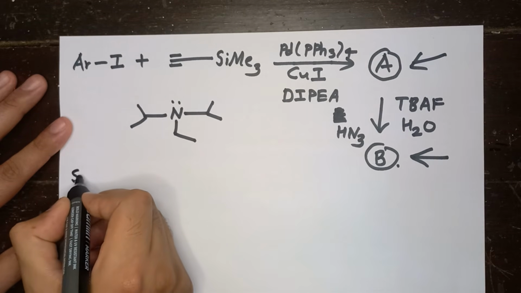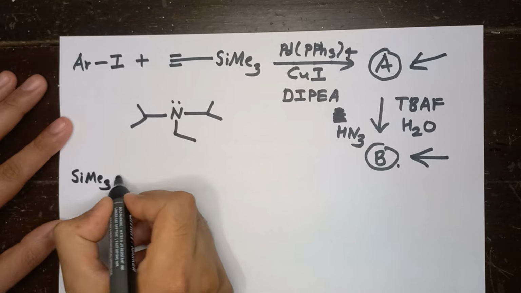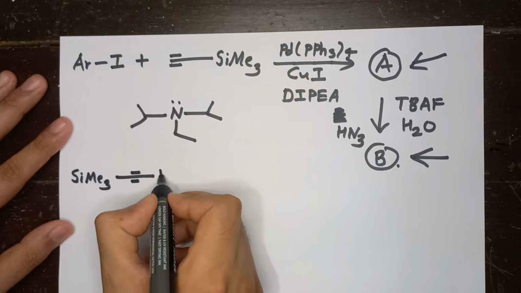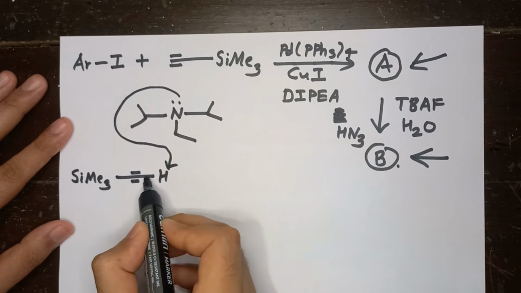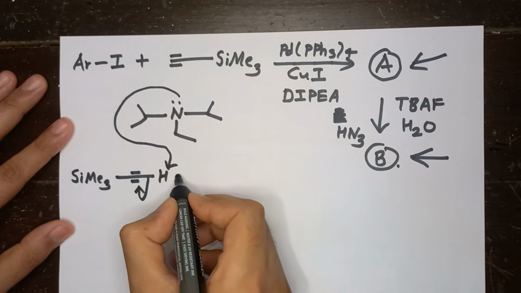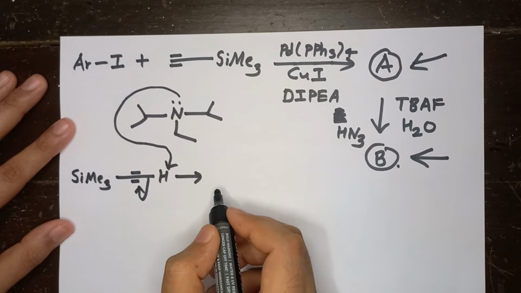So this base will grab this proton and will generate a carbanion at this alkyne center. I can write this SiMe3 like TMS, that is trimethylsilyl.